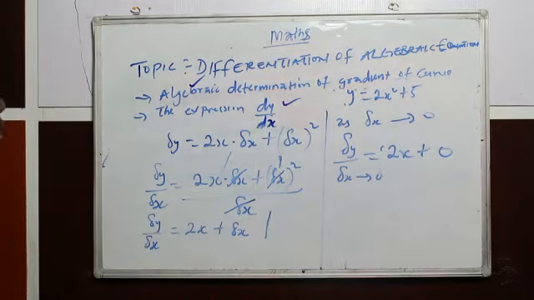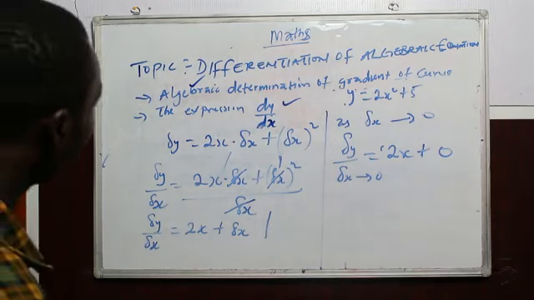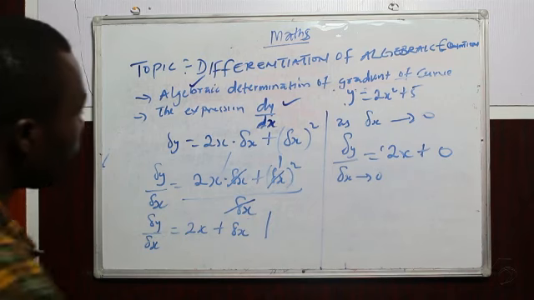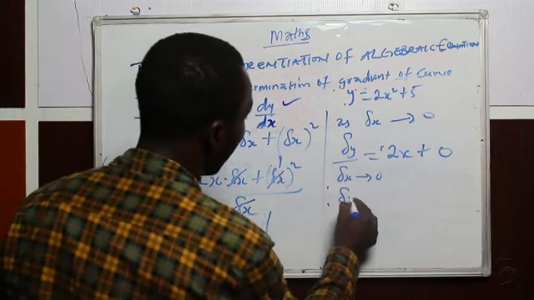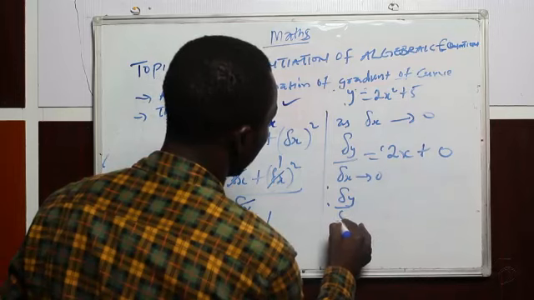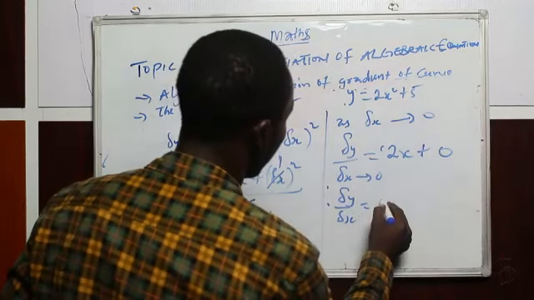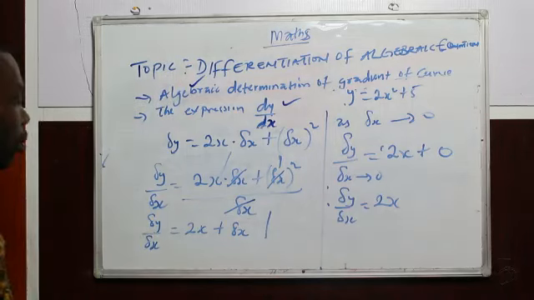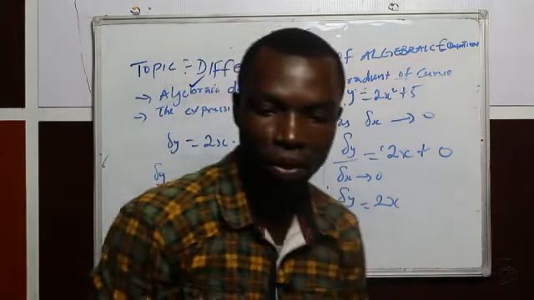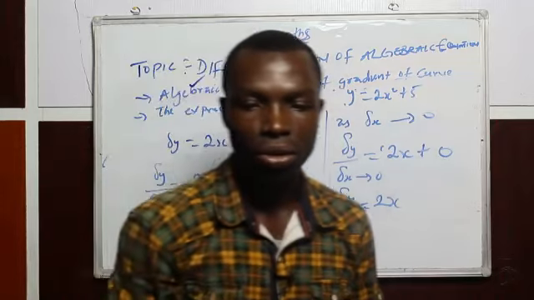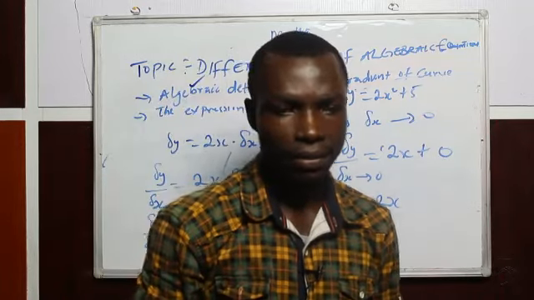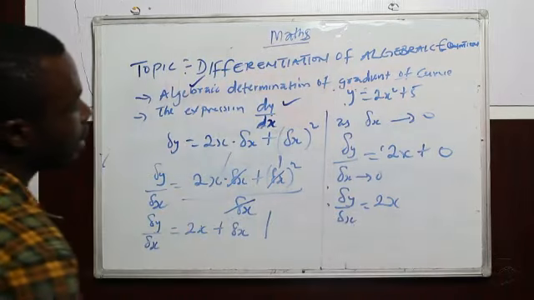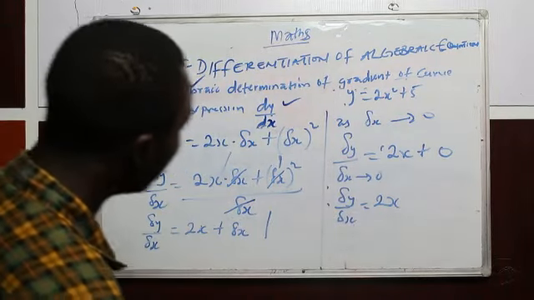Therefore, Δy over Δx is equal to 2x. Now, these are giving us the differentiations of this value.